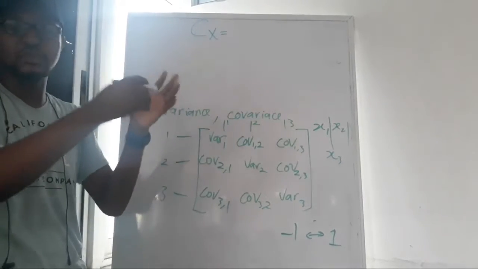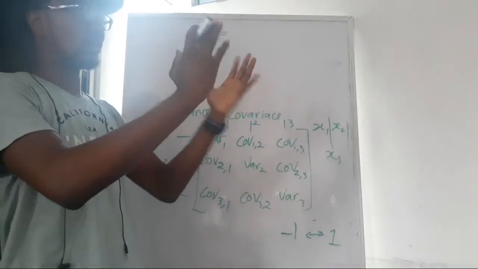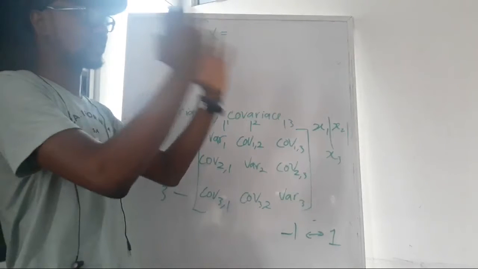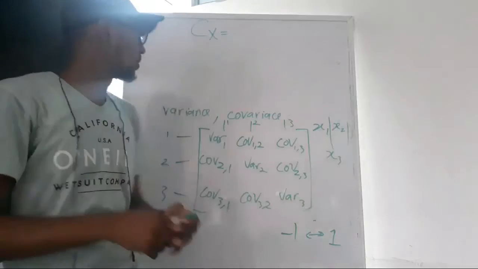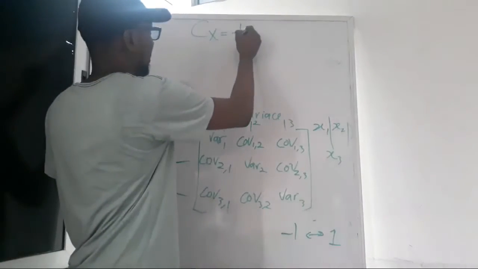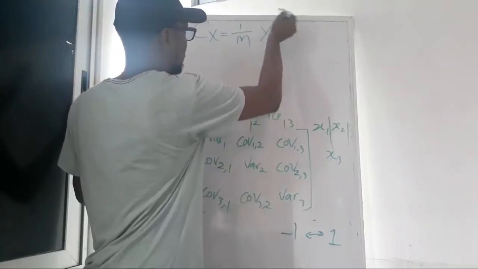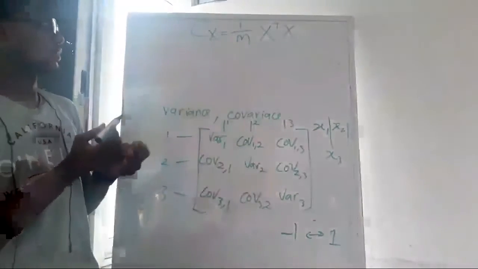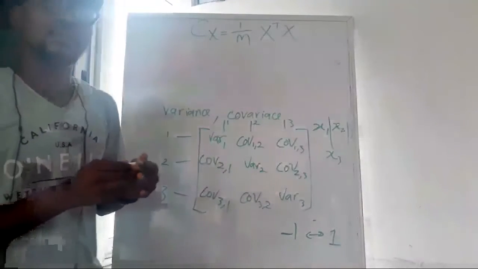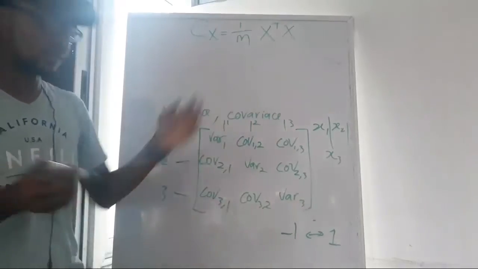So you have one vector or matrix, multiply another matrix, then you divide by the total number of rows. So it's something like 1 over m, then if this is your x, maybe x transpose x. Sorry, this is the covariance.